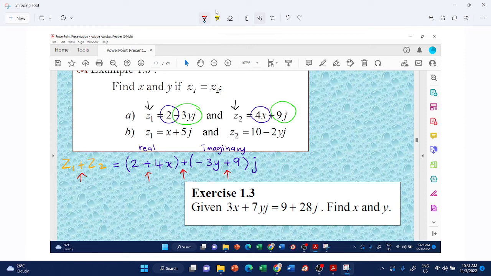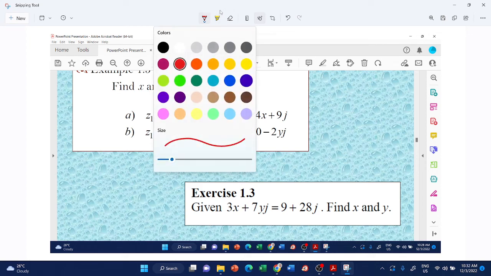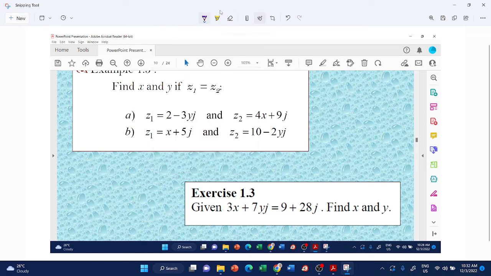Jelas. Okay, boleh. Sekarang, kita move forward to nak solve. Okay, solve. This question states, find x and y if z1 equals z2. Okay, so sekarang the only choice is kita samakan dulu persamaan.